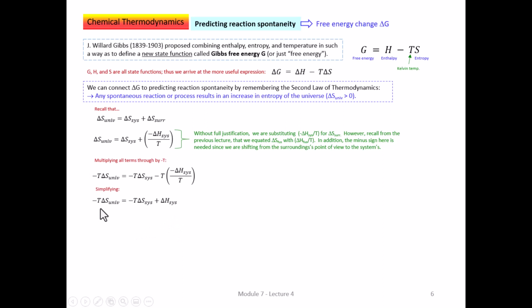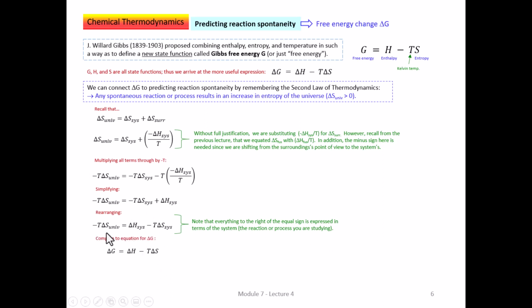And so we'd have minus T delta S of the universe equals minus T delta S of the system plus delta H of the system. We can rearrange this so that our delta H of the system on the right comes first, and then we have minus T delta S of the system. What I want you to note at this point is that all the terms on the right are from the system's point of view.